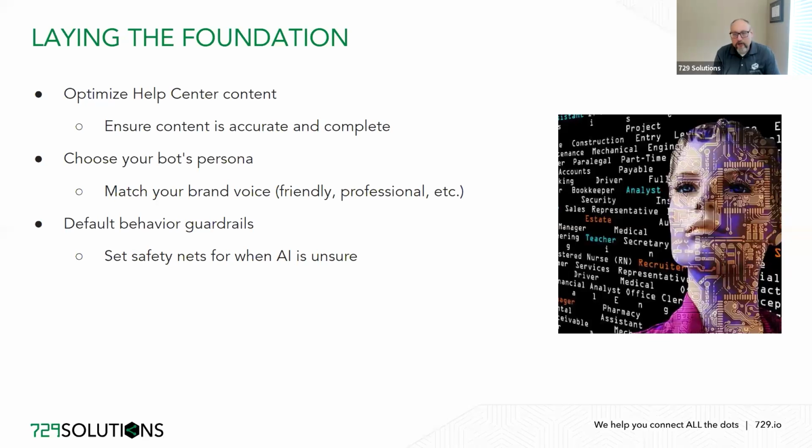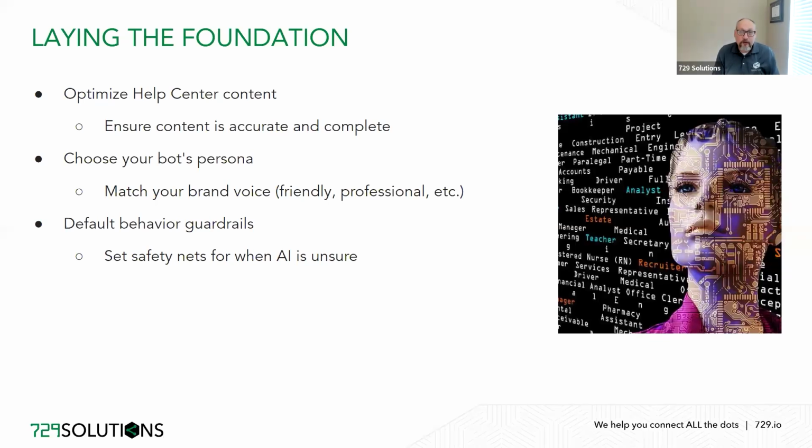And when we recommend writing articles inside of Zendesk's help center, we suggest that you use language that your customers are going to use, that you title the questions so that they align with what questions your customers are going to be asking. So the more information you can give your bot about your business, the better the bot is going to be able to handle responding conversationally to those requests.